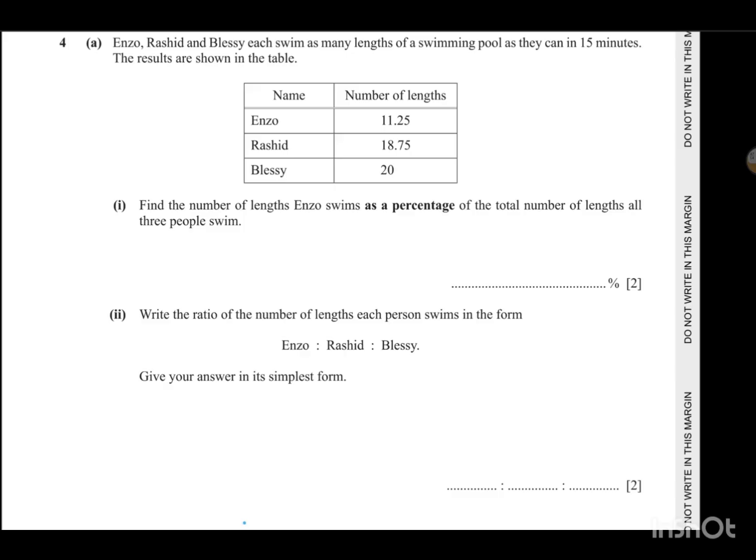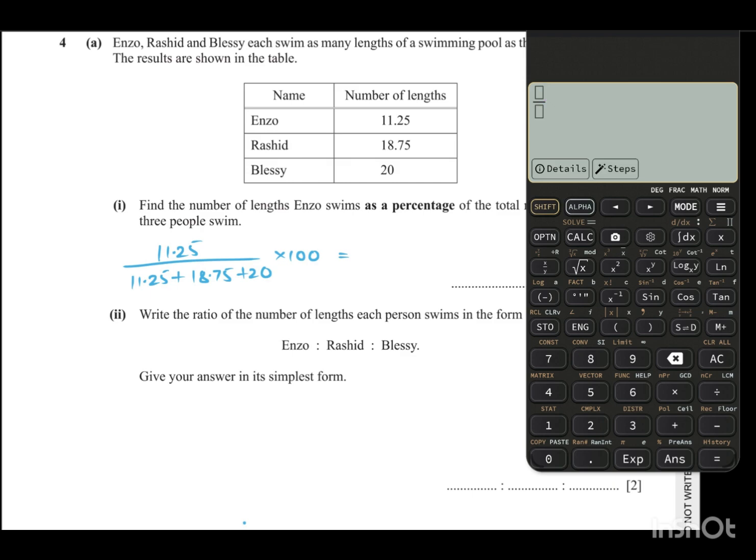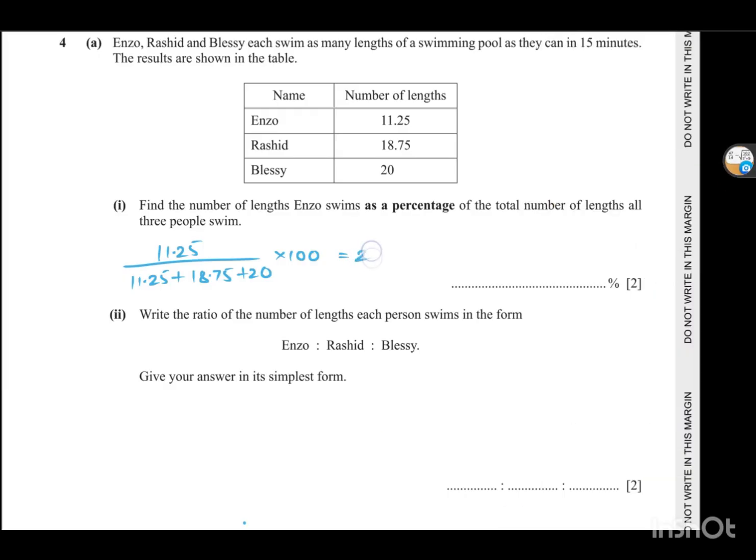We just take the length Enzo swam, that is 11.25, divided by the total of all three people's lengths, 11.25 plus 18.75 plus 20, and multiply that by 100. That gives 22.5. This is the percentage.